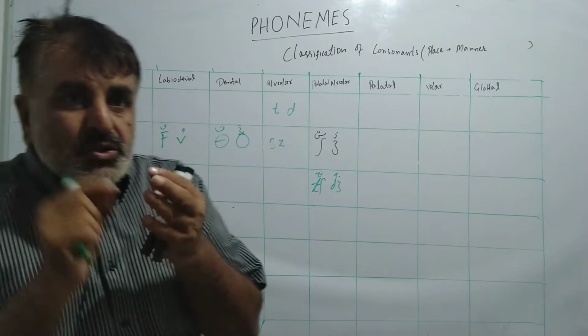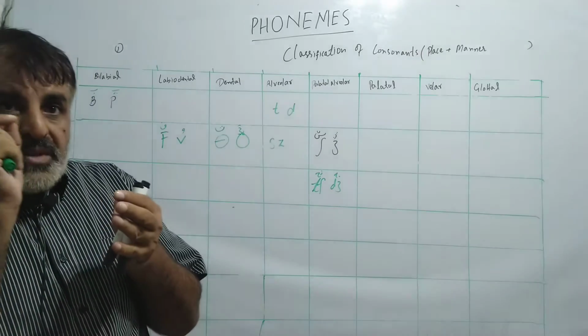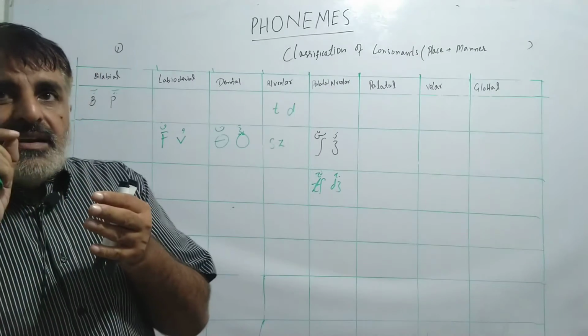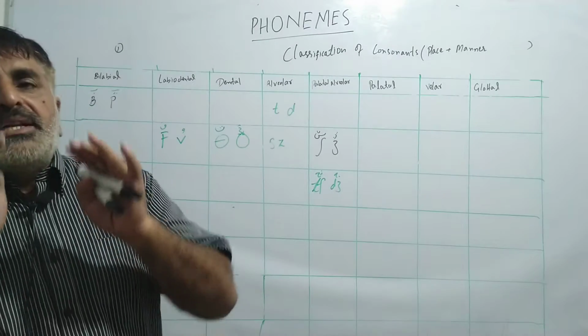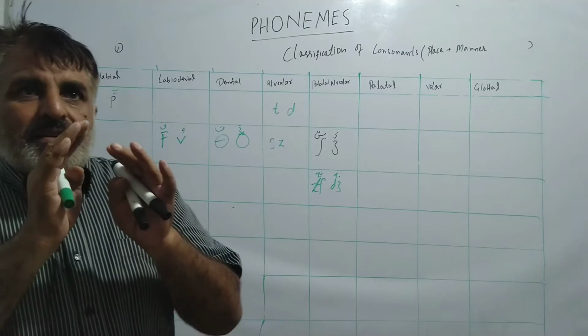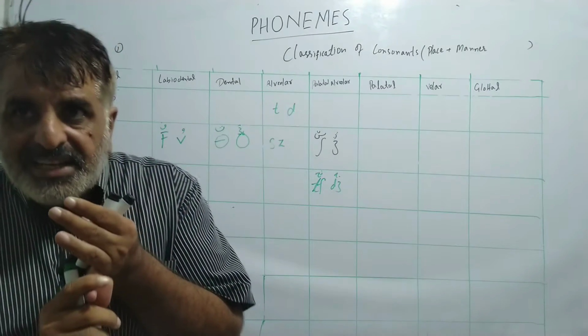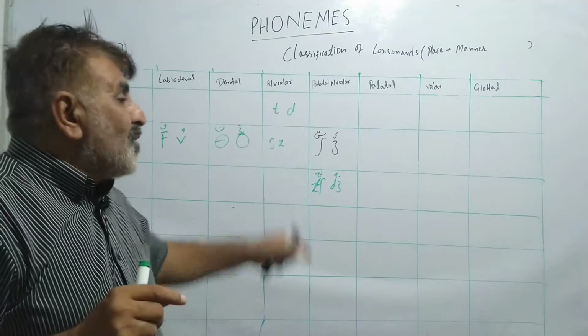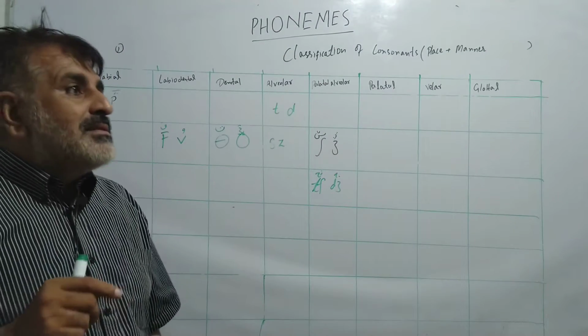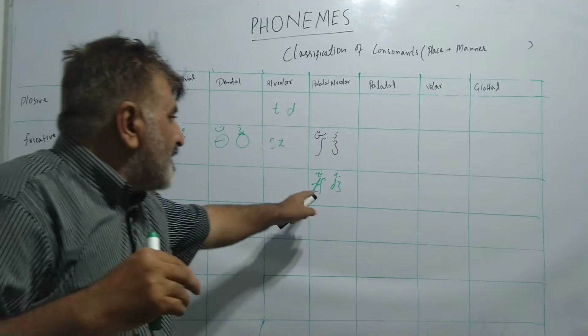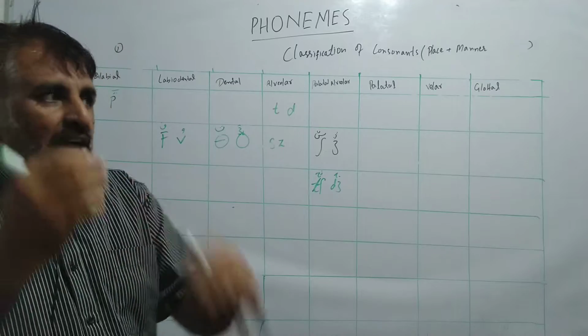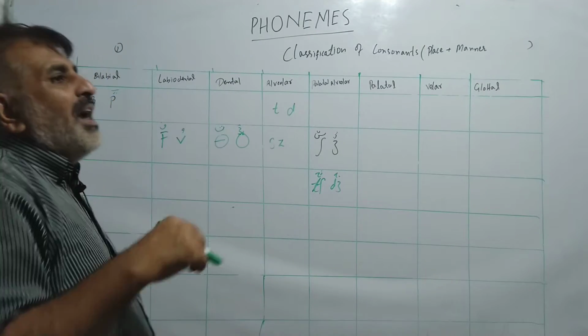When we produce these sounds, both plosive and fricative manners are involved: sudden release is here, rolling is here. Suppose sh, cha: rolling is here, and then sudden release, ja.